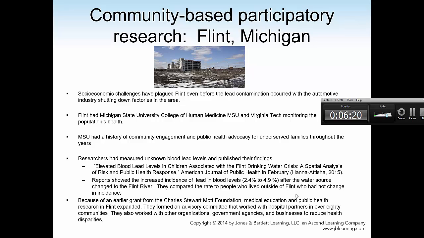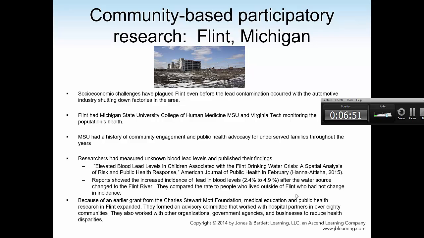But one of the things that was very helpful, because money is always helpful, the community and several areas around Detroit had some money from the Charles Stewart Mott Foundation. And because of that, they were able to provide medical education, public health research, and it was in place before, but it had grown, it expanded. And an advisory committee was formed, especially after the Flint water crisis.